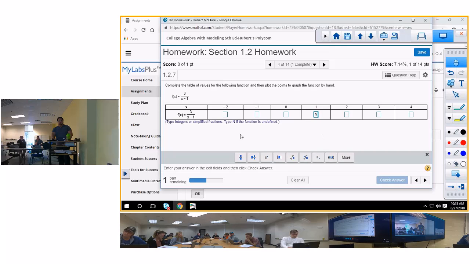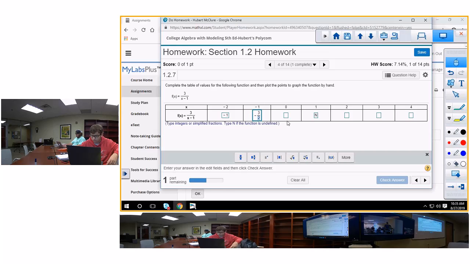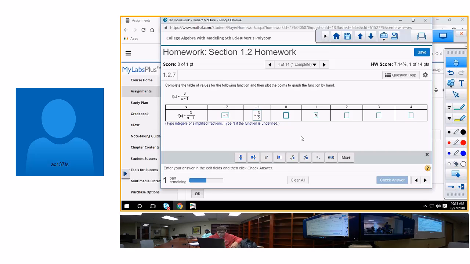And the rest you plug and chug. So what's -2 minus 1? -3, so that's going to be a -1. What's -1 minus 1? -2, which would be -3/2. 0 minus 1, that'd be -3.